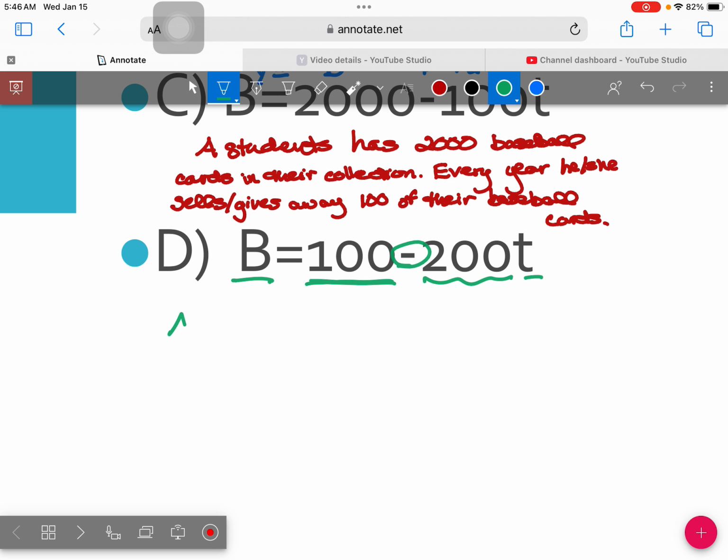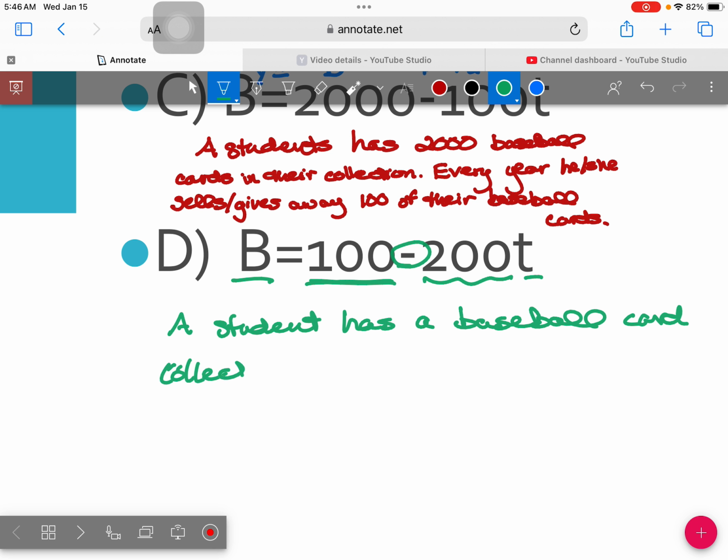So a student has a baseball card collection of 100 cards.